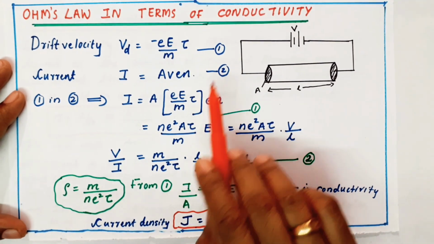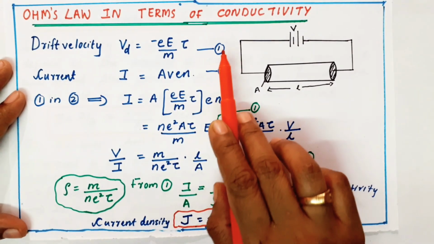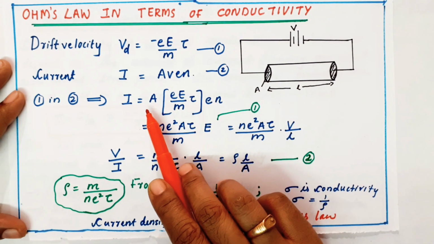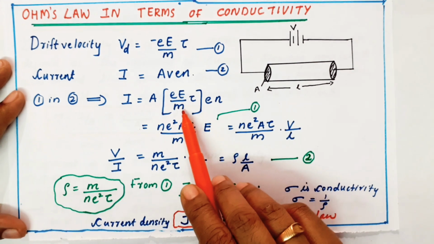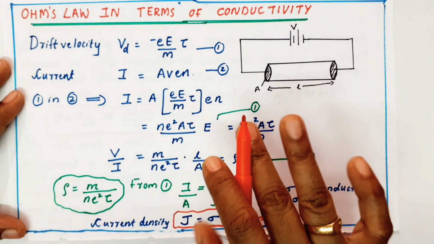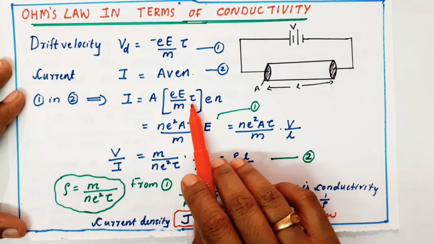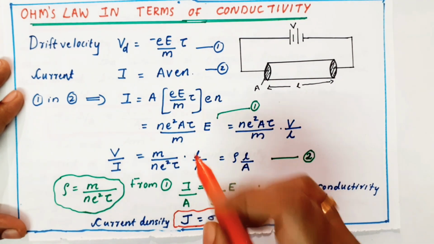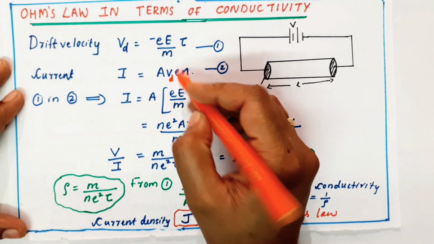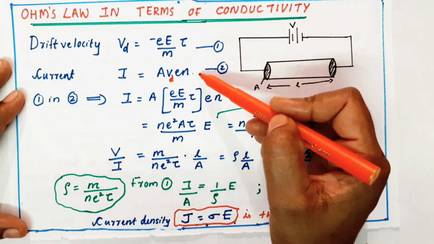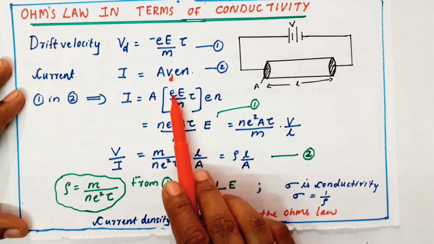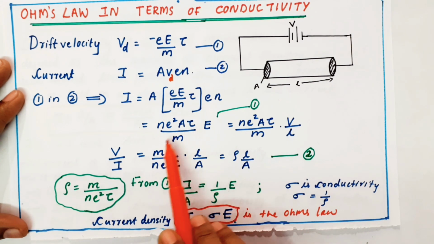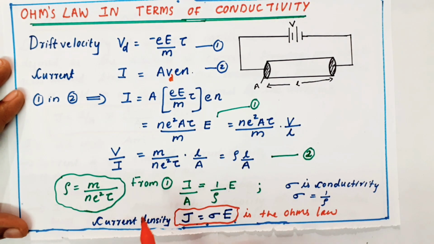Now, simple thing, we are substituting equation 2 in equation number 1. That is I equals nAe, and in place of v I can write eE by m into tau. I wrote only the magnitude. It means drift velocity I am substituting. So we get n e squared A tau E by m.